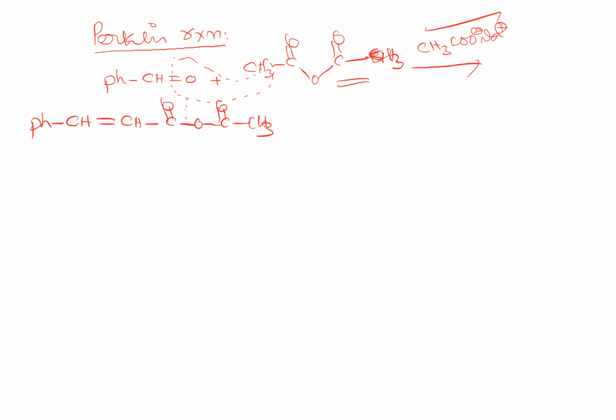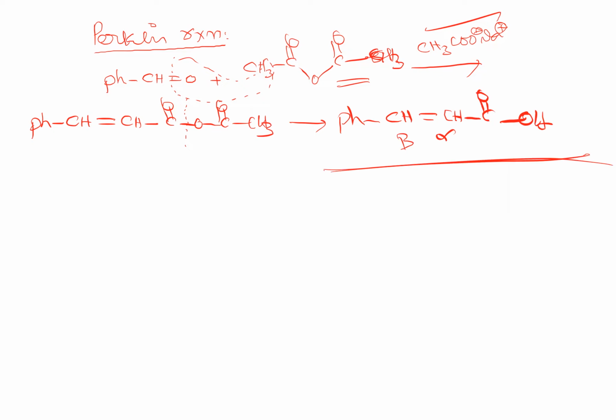Then hydrolysis takes place. You can get this acid, alpha beta unsaturated acid, nothing but cinnamic acid here. Cinnamic acid. Intramolecular Perkin reaction.